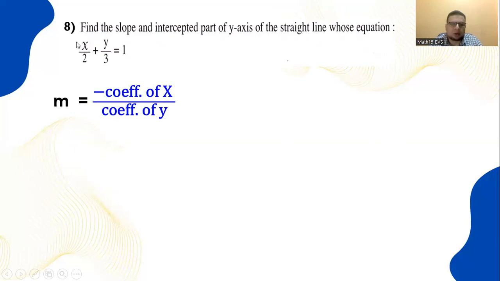You can put negative coefficient of x. What's the coefficient of x? It is half. So negative half divided by the coefficient of y, which is 1 over 3. That means negative coefficient of x over coefficient of y. You will get negative 3 over 2. This is the slope.